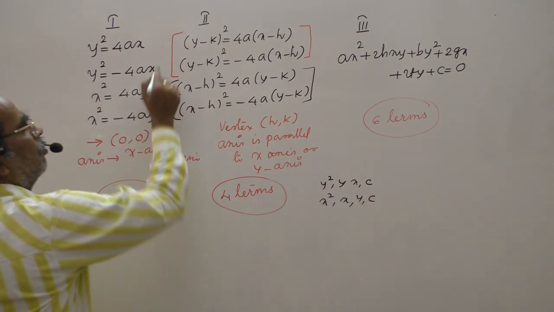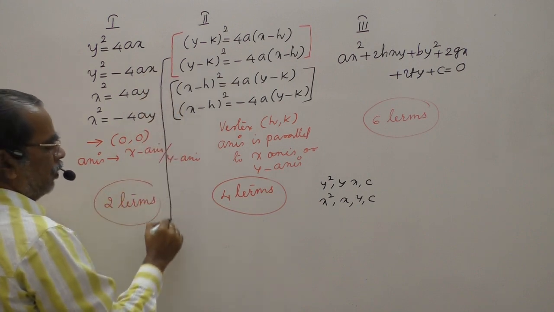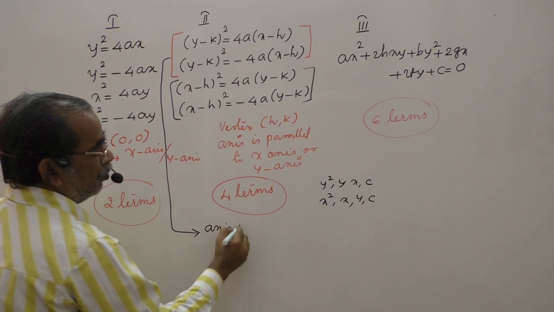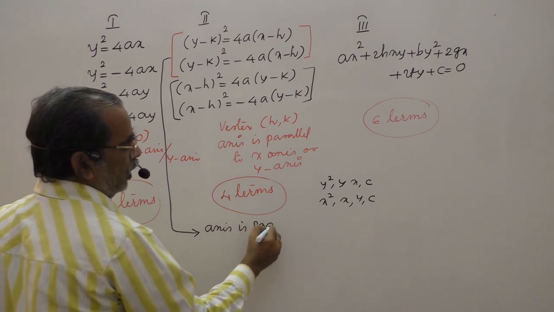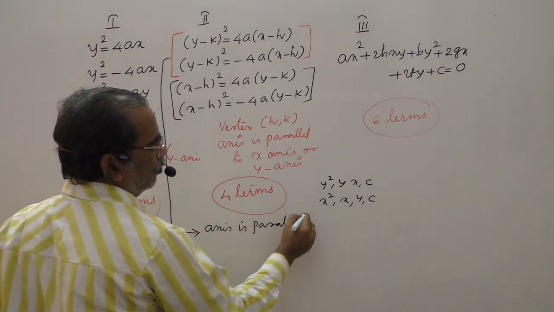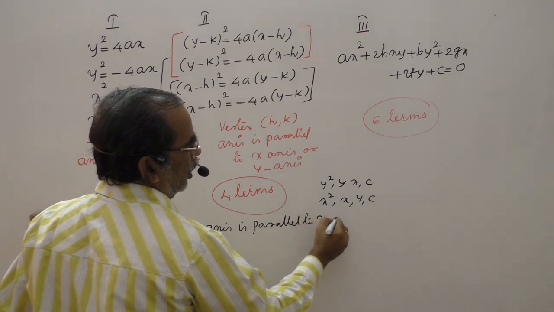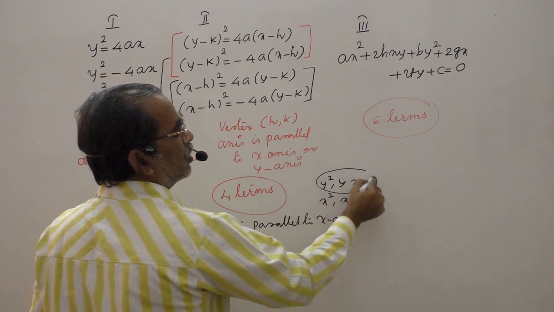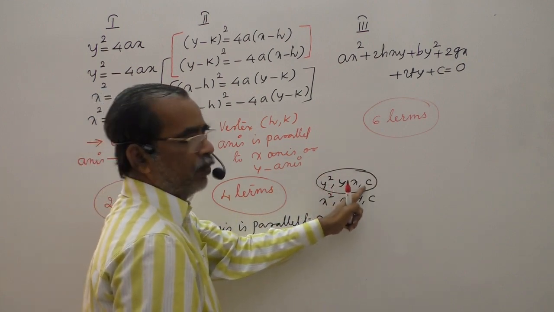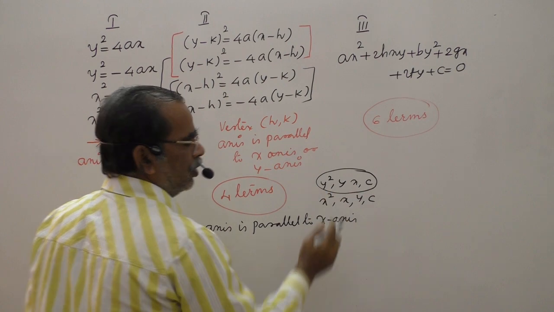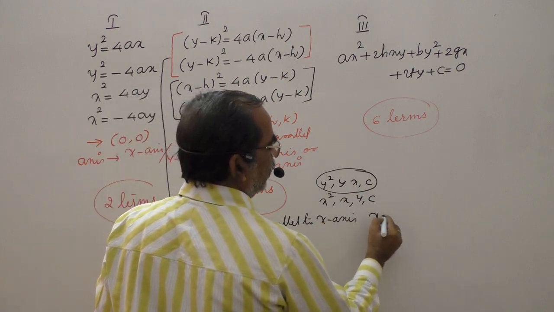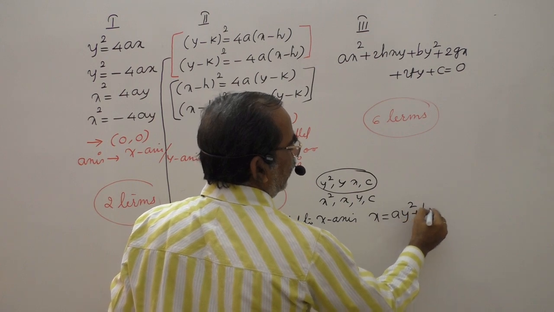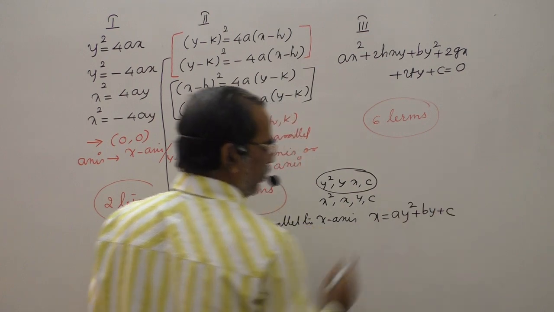So for the first two parabolas, the axis is parallel to x-axis. If the axis is parallel to x-axis, the parabola will contain 4 terms, and its general equation can be written as x is equal to ay square plus by plus c.